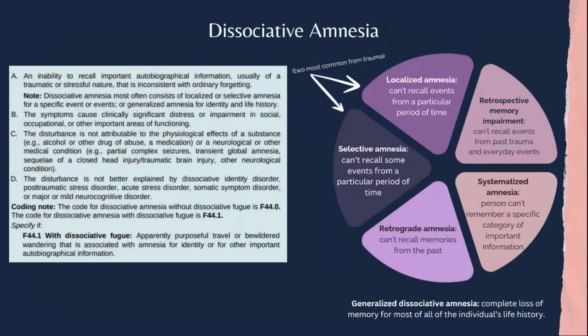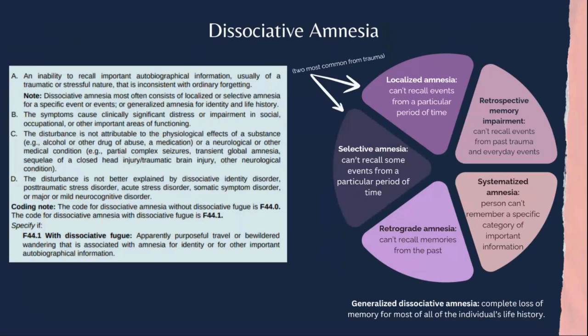Like if a person's showing up and they just can't remember aspects of a period of time, then we can identify this as dissociative amnesia or localized amnesia, depending on what they're experiencing. So selective amnesia, we have retrograde amnesia, systematized amnesia, or retrospective memory impairment. So there's different clusters of how this actually shows up.